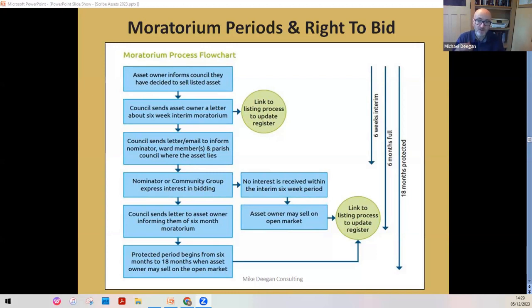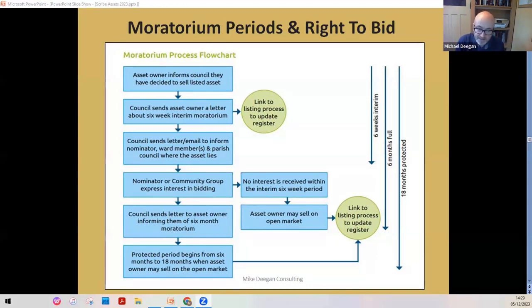So overall, you've got the interim 6-week period and 4.5 months, and overall that's 6 months in total. So that's basically the period that the owner can't really conclude a sale to anyone other than a local interest group. And this is the time when a council can develop a proposal and raise the money required to bid and buy the asset.